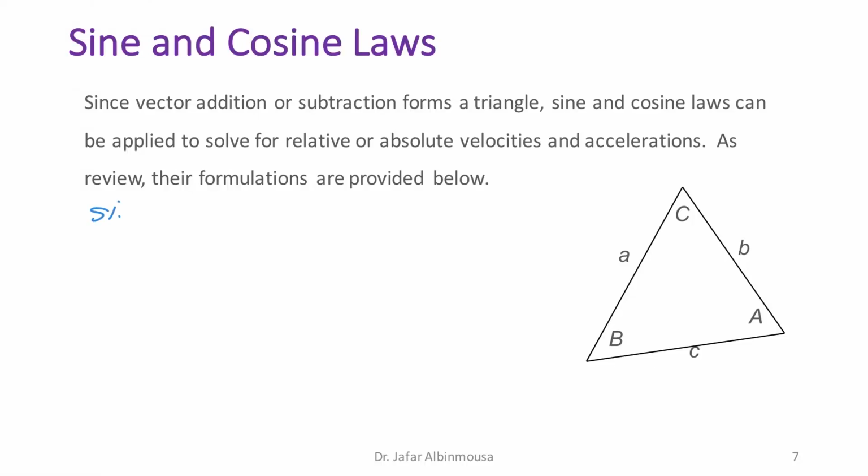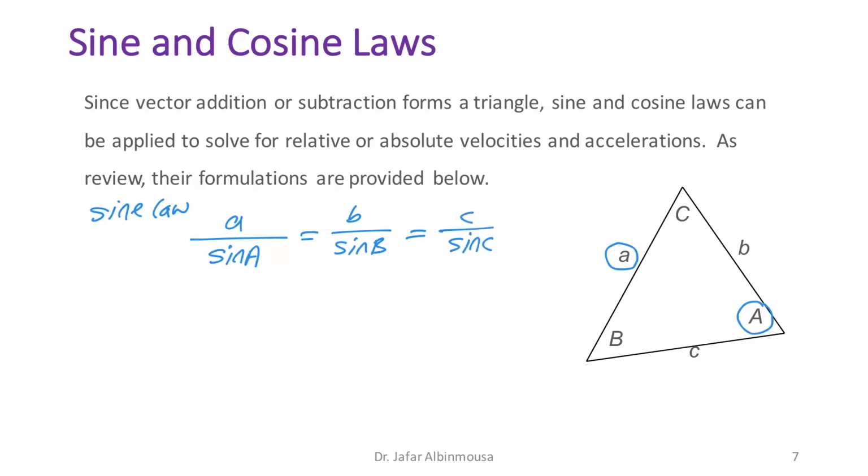The sine law is basically relating the length a with the angle A, a over sine A, to other parts of the triangle, which is b over sine B, which is equal to c over sine C.